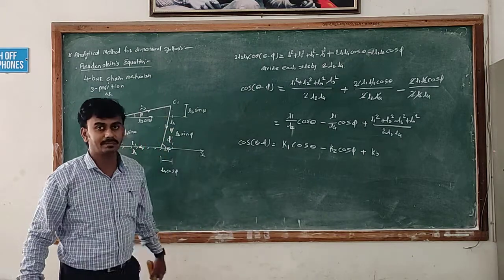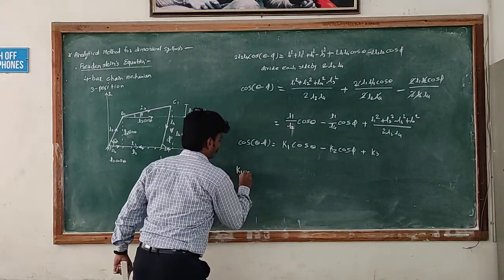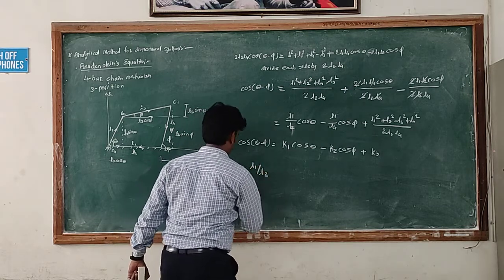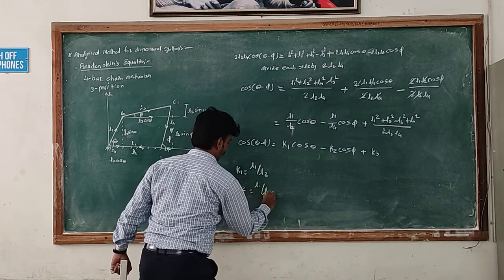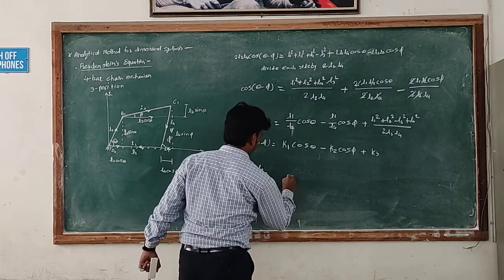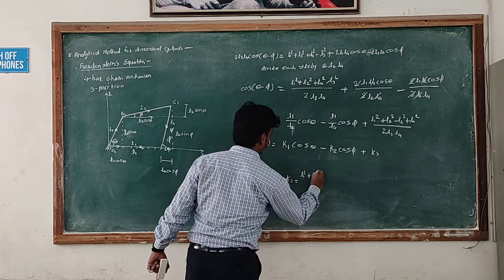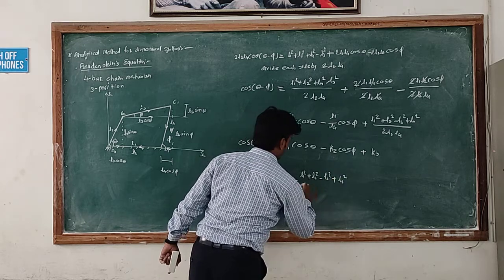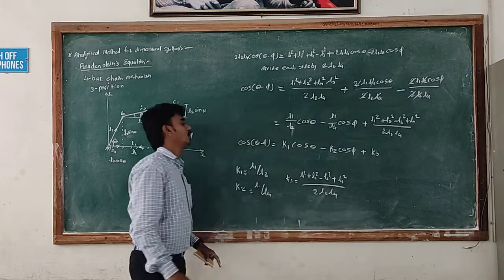Here K1 is equal to L1 upon L2, K2 is equal to L1 upon L4, and K3 is equal to L1 square plus L2 square minus L3 square plus L4 square upon 2 L2 L4. Okay.